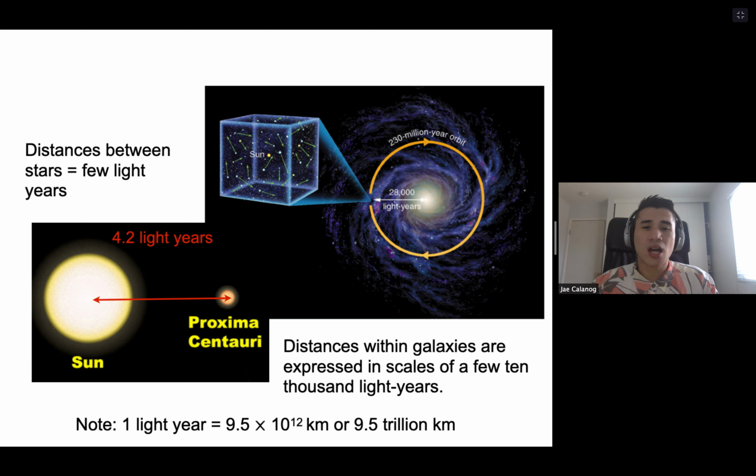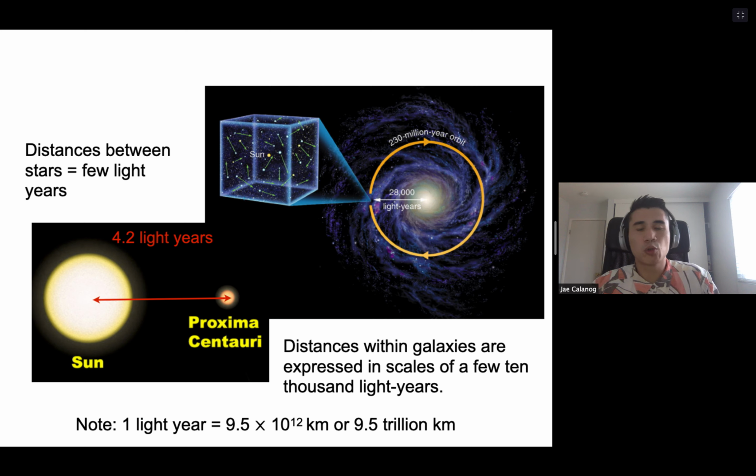But now, if you're talking about distances within our own Milky Way galaxy, it turns out that our galaxy is about 100,000 light years across, end to end. And if you look at where we are in our galaxy, if you look at the center of the Milky Way galaxy, we're actually right here.